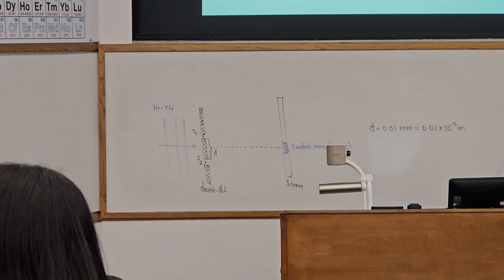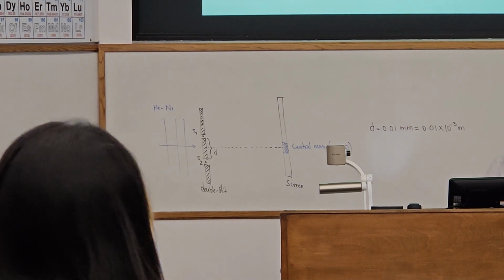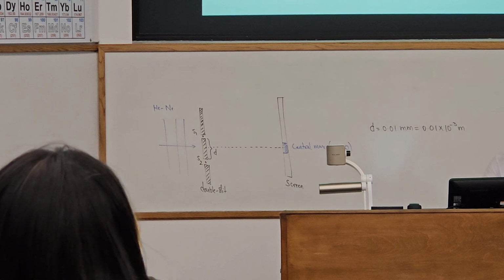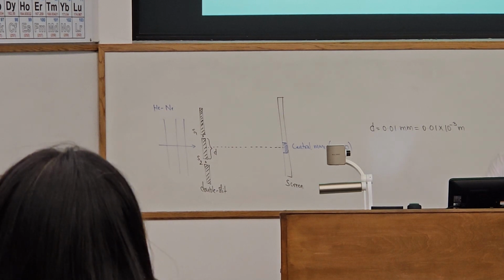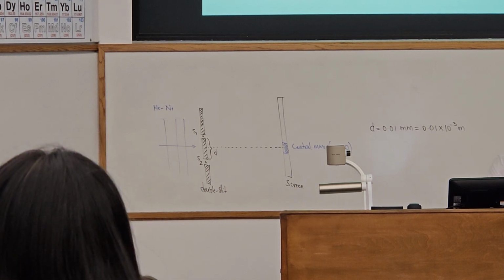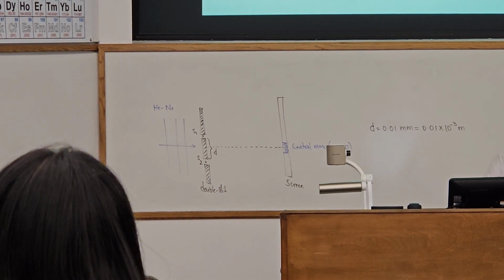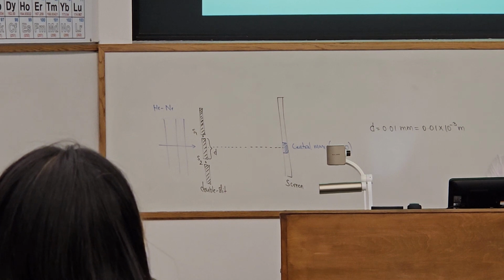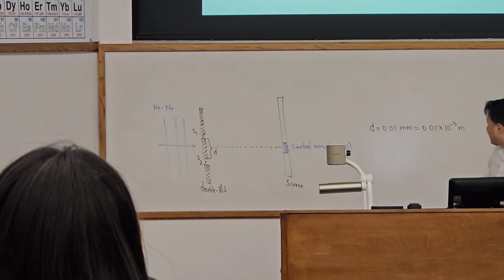Over here, find the third bright line. So you have now n equal to 3, because the order is represented by n. So third means n equal to 3.